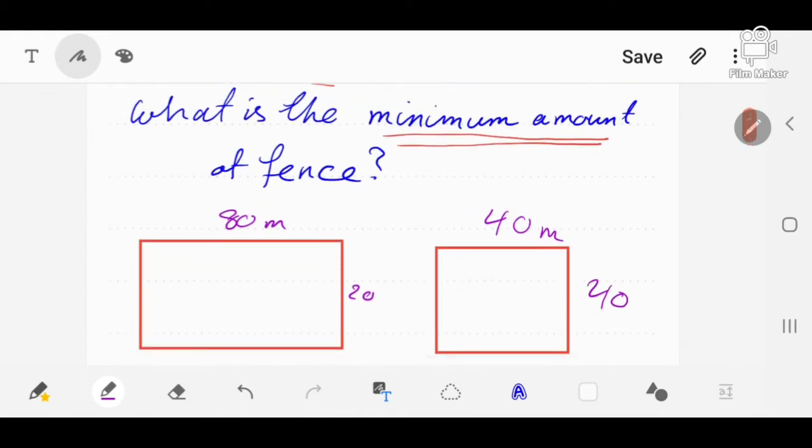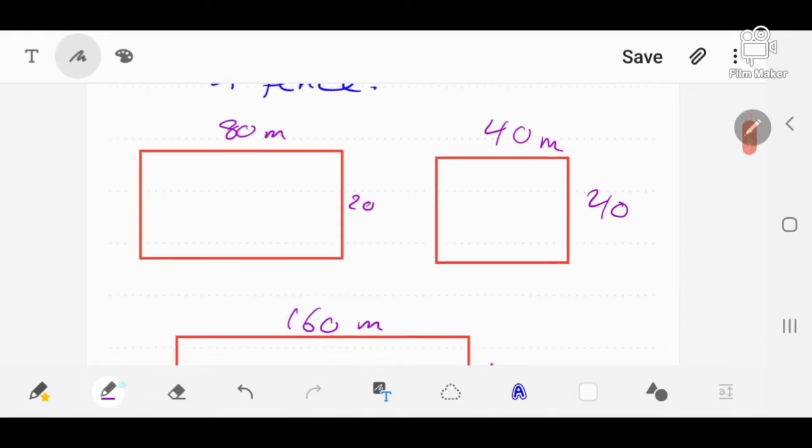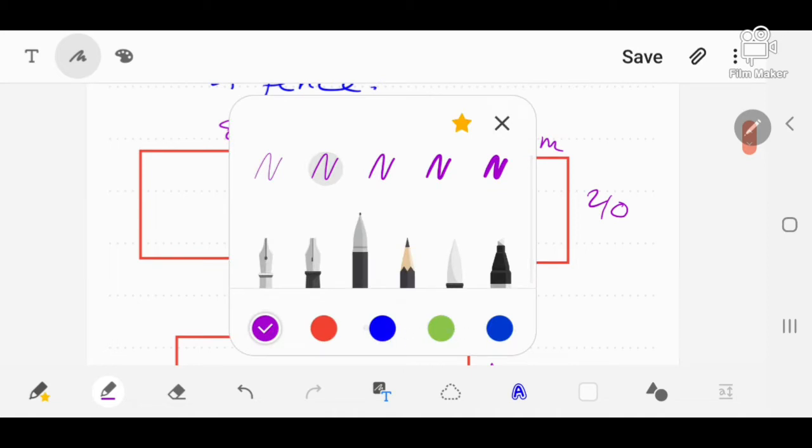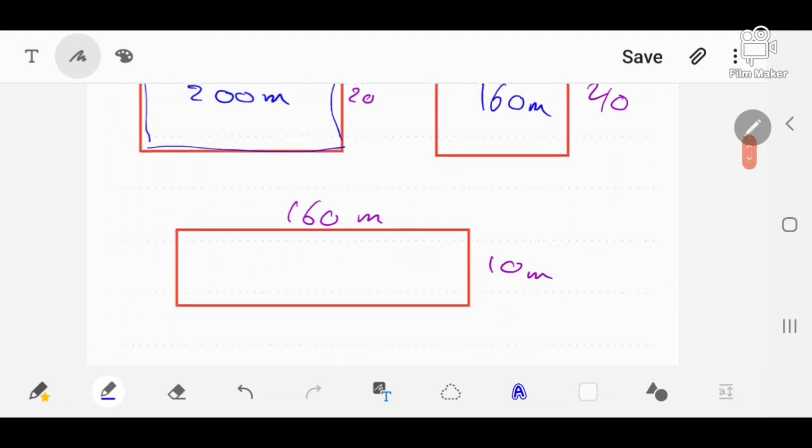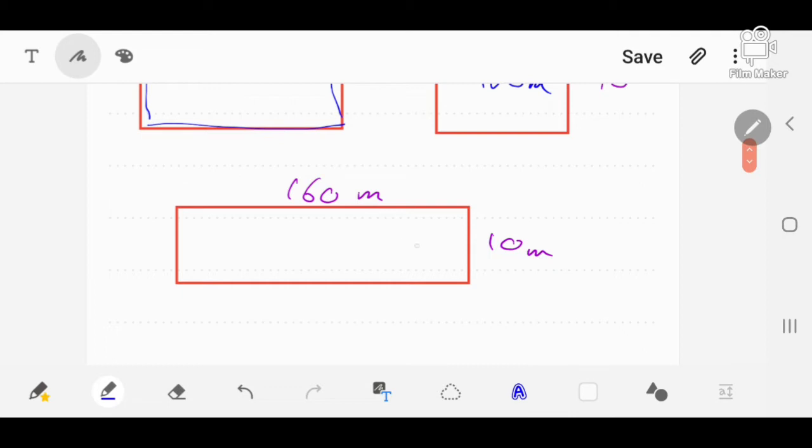But what about the amount of fence that you want me to buy? In this case, the fence will be 100 times 2, which is 200 meters. In this case, it's 80 times 2, so I'm talking about 160 meters. In this case, I'm talking about 160 plus 10, that's 170 times 2, 340 meters.